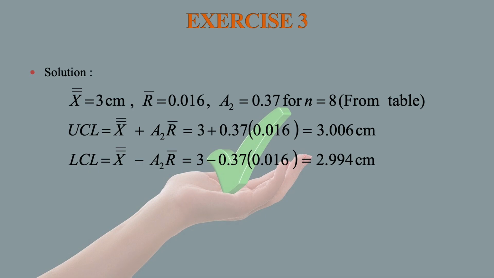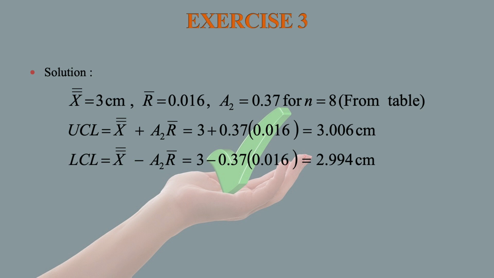So once you know x double bar, that is mean of means for the samples, R bar is known, that is 0.016. In this case, the value of A2 from the statistical table we can get, that is A2 is equal to 0.37. So all these values are known.